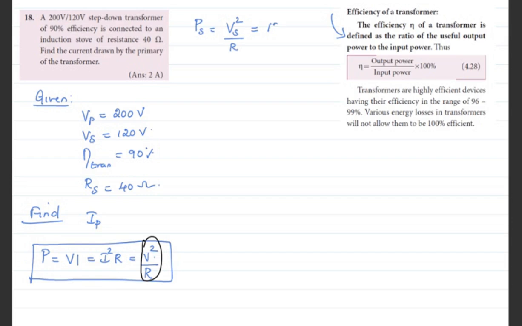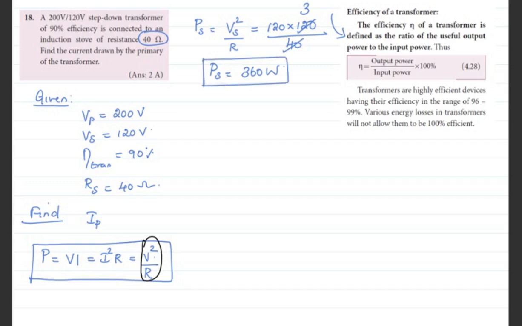So 120 into 120 by the resistance of the induction stove, 40. So secondary power is equal to 360 watt. This is the secondary power.